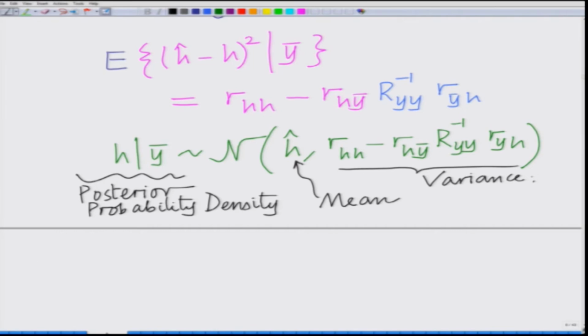So basically what this says is, given the observation vector y bar, the true parameter h is distributed as a Gaussian with the mean centered at h hat, that is, the expected value of h given y bar is h hat, and the variance is given by the mean squared error, that is R_hh minus R_hy bar R_yy inverse R_y bar h, okay.